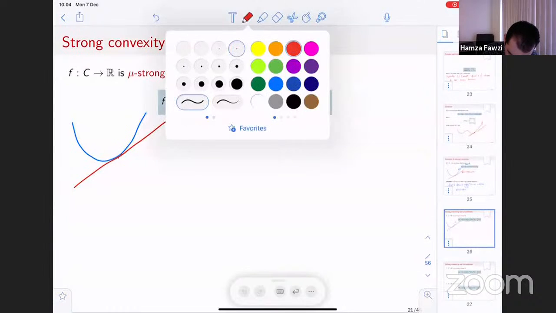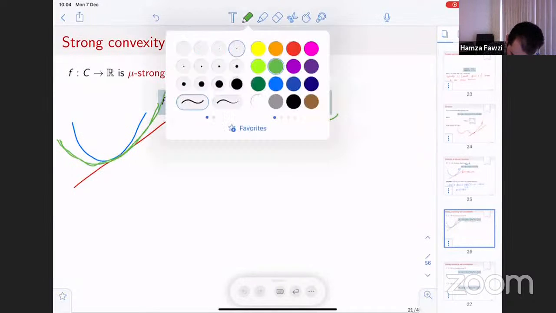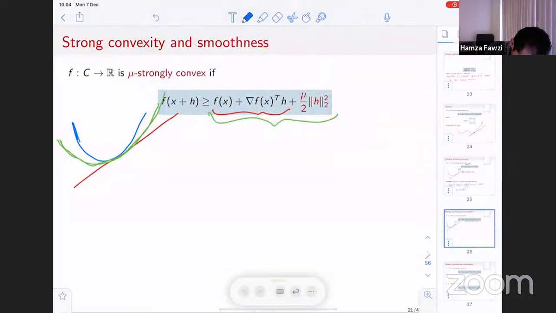But if I look at all three terms, what you get is the linear plus something quadratic, so you actually get a quadratic lower bound. So this tells you that there is a quadratic lower bound to my function f. This is important. This is f here.